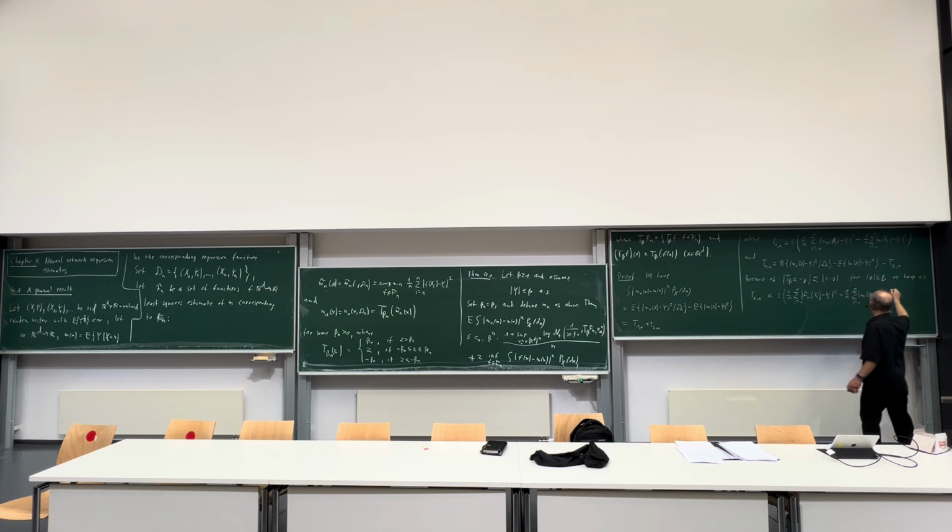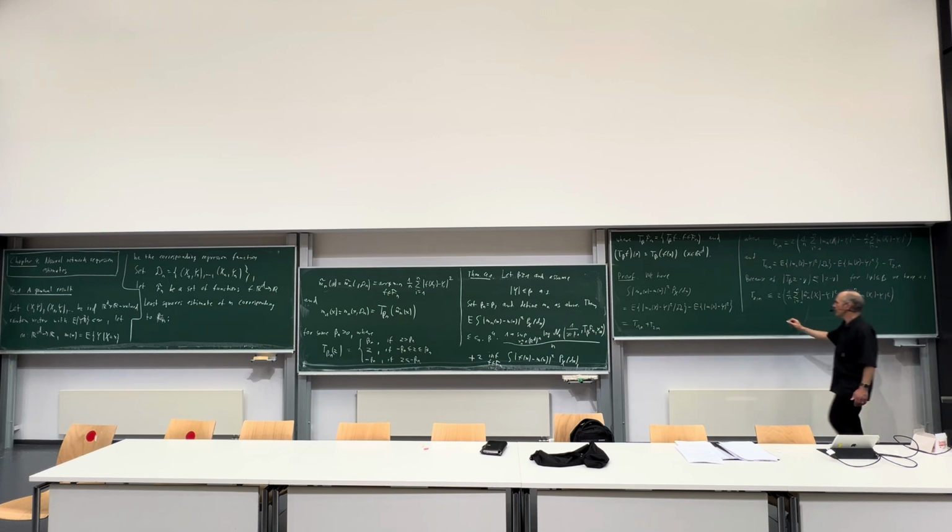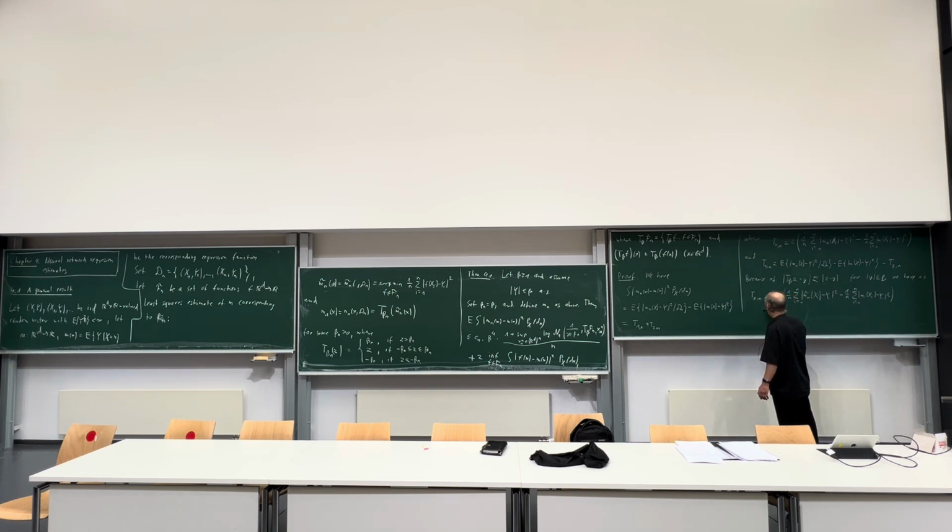Now we have this least squares estimate, so that's equal to 2 times the infimum of all f in Fn.